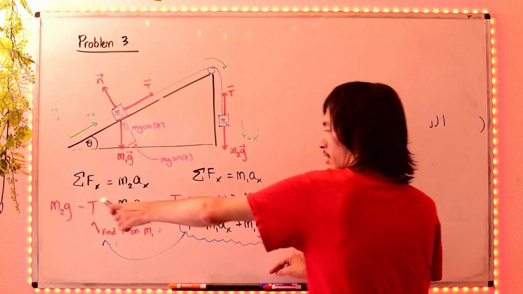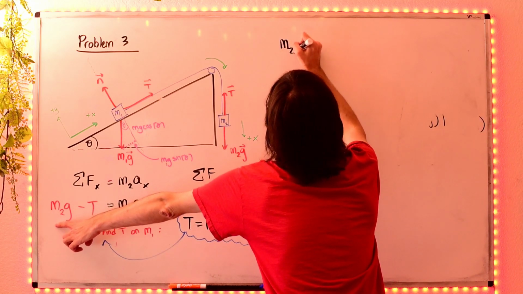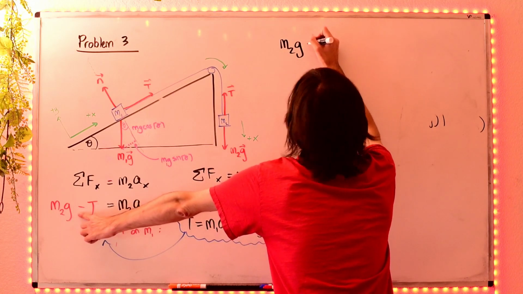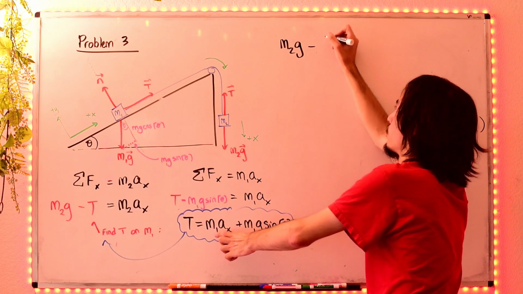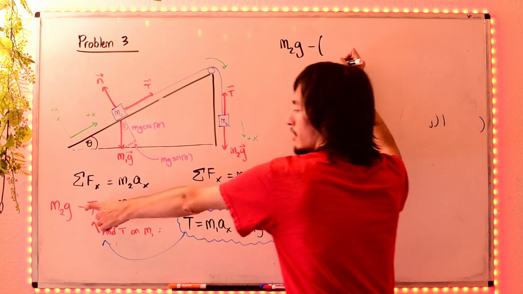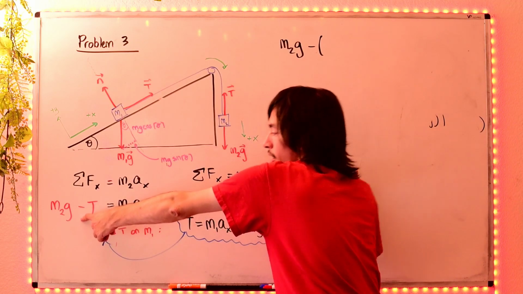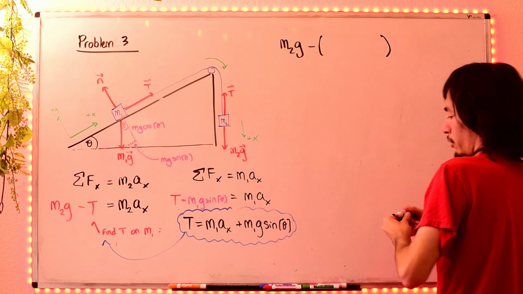So we're going to get, starting from the left, we have m2g minus, now you have a term, but it has multiple things that are going to be substituted. You ought to put parentheses anytime you substitute something because the minus sign is going to have to be distributed. So we're going to distribute the minus sign to the following.